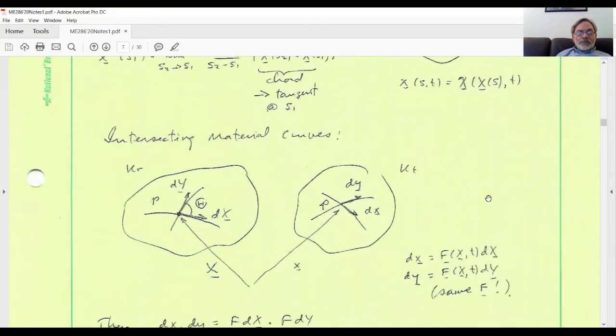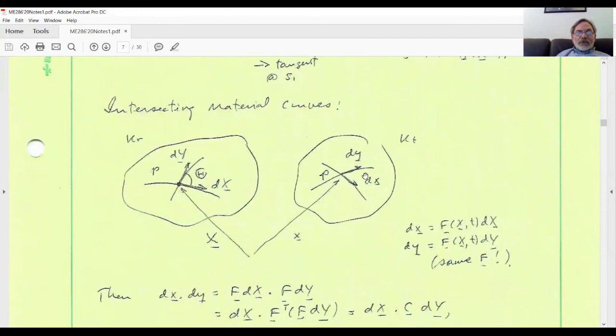Okay, we can imagine, for example, two intersecting material curves, intersecting at the material point P with position capital X in the reference configuration, and position small x in the current configuration, the same material point. Here's one material curve, here's another. They intersect at an angle, they enclose an angle capital theta, for example.